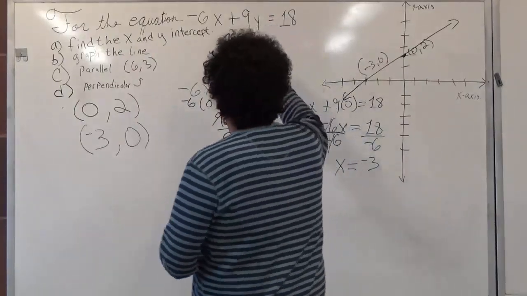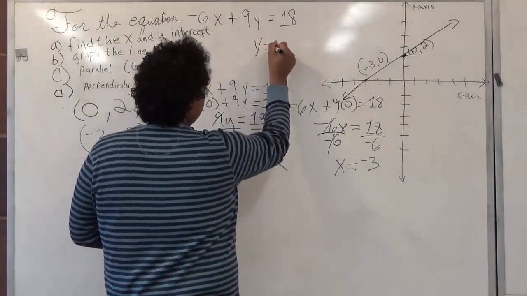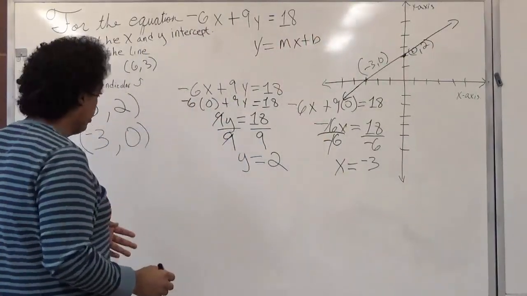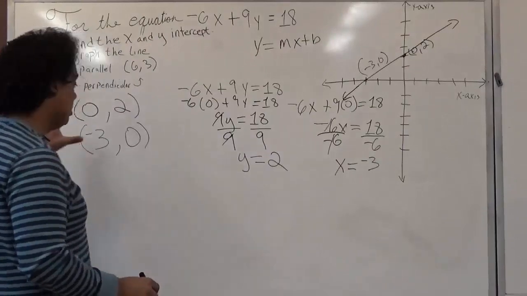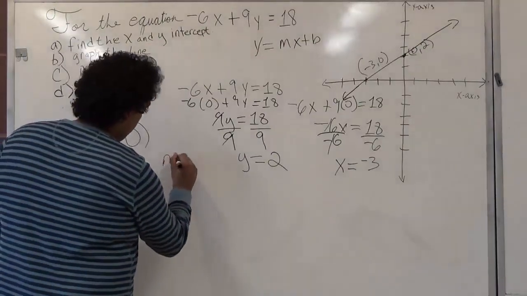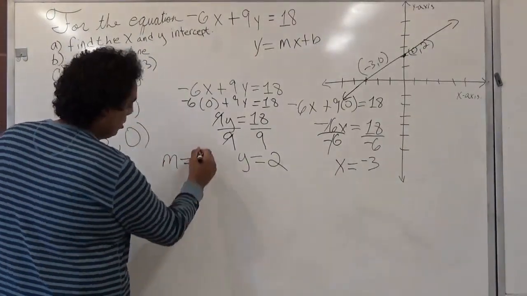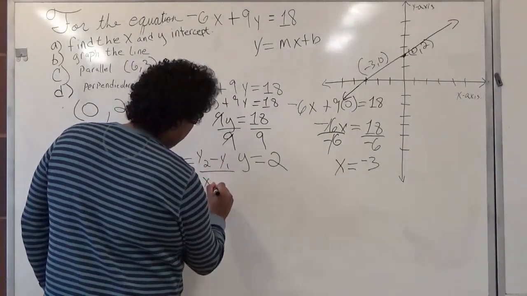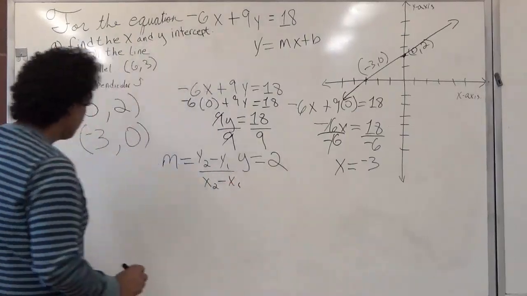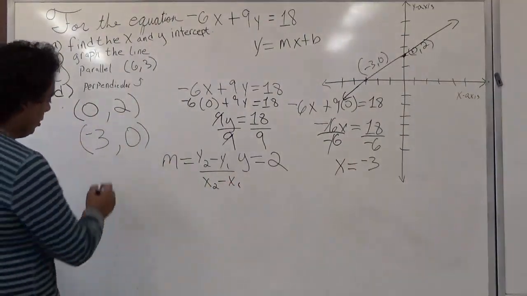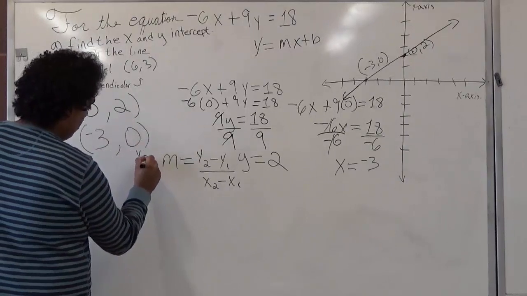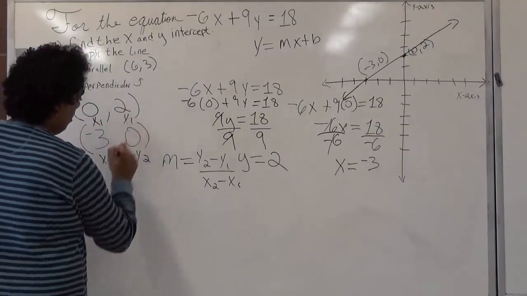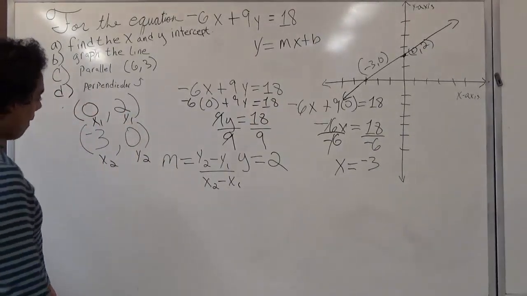We can convert this equation to slope-intercept form, y equals mx plus b, or we could use the slope formula, and since we have 2 points, I'm going to go with that one, which is m equal to y2 minus y1 over x2 minus x1. I'm going to declare this y2 and x2, and this x1 and y1.